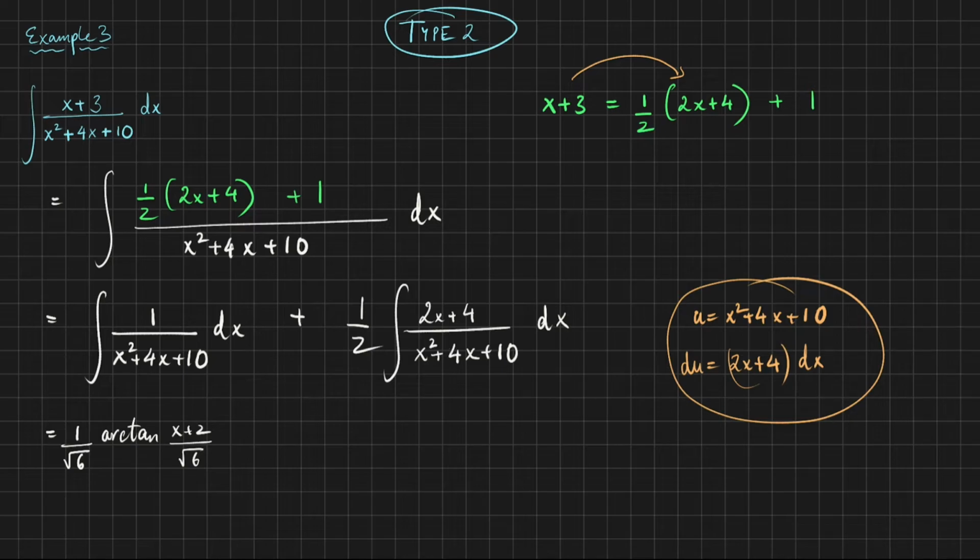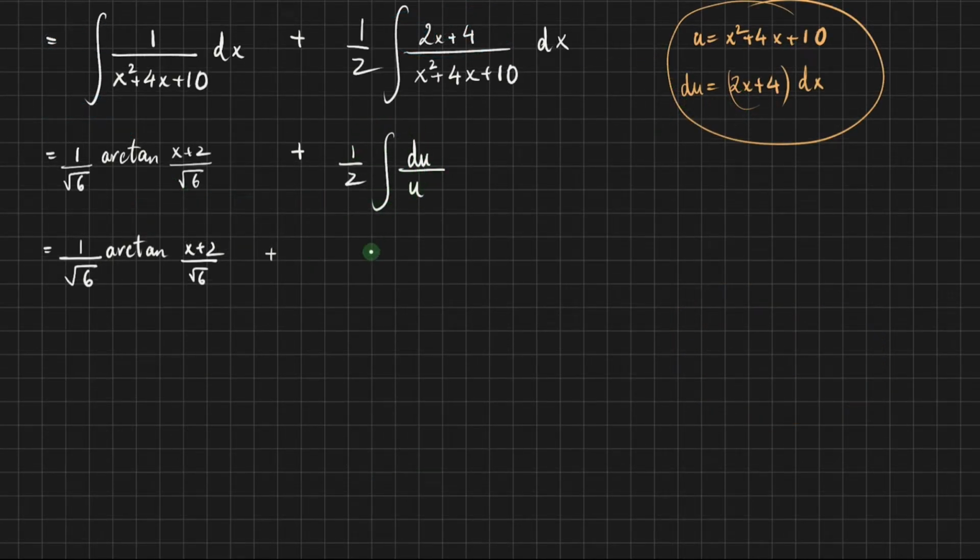We have already covered substitution in a previous video in this playlist, so I'm not going to explain in too much detail how to perform this integration. So we have half integral du over u. This is just 1 over 2 ln of u, but u was nothing but x squared plus 4x plus 10.